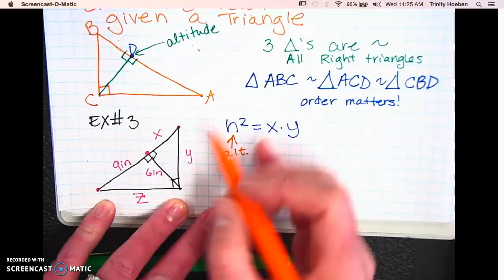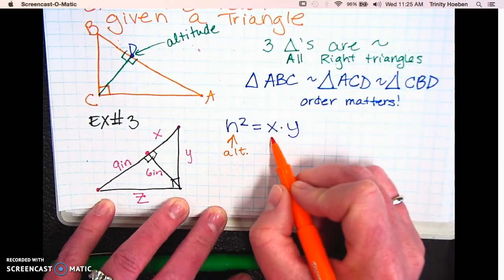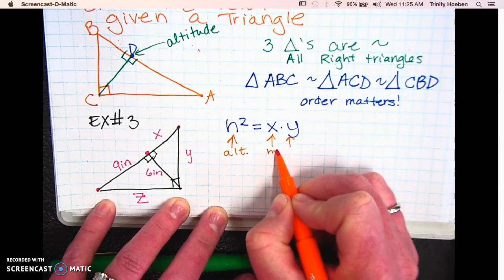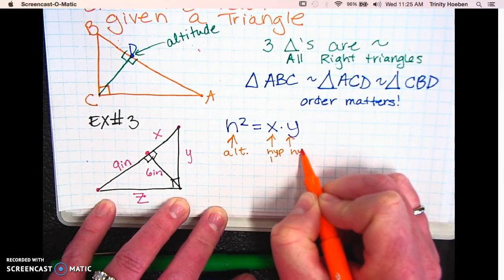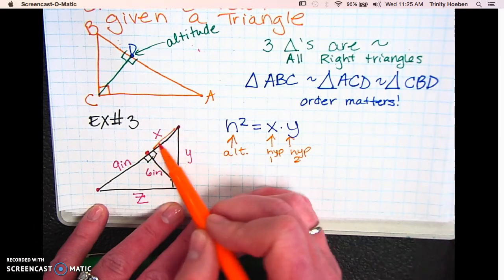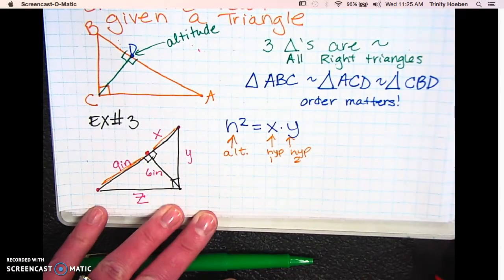The altitude squared is going to be equal to the 2 pieces on the hypotenuse. We'll call it hypotenuse 1 and hypotenuse 2, because see right here, it breaks it into this small piece and this small piece.